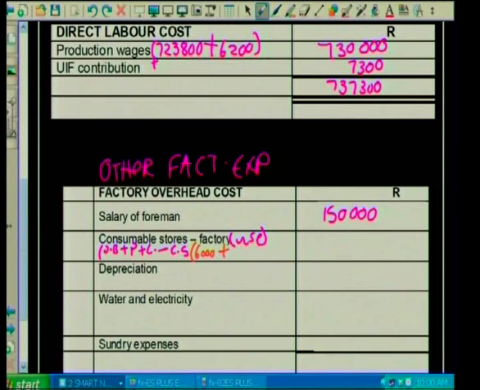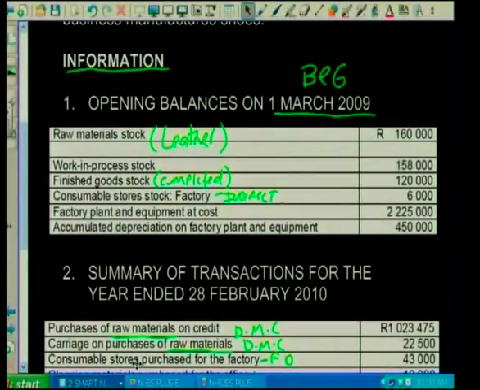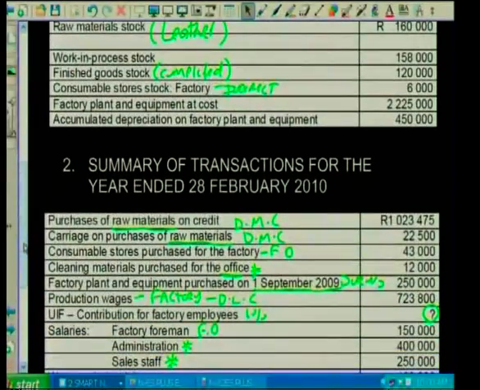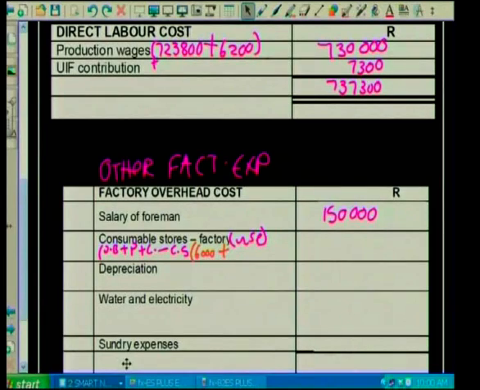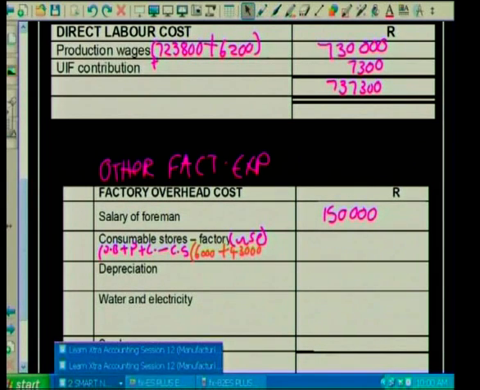To this, I'm now going to add my purchases. So back to my info, summary of transactions. Consumable stores purchased for the factory, 43,000. So let's take that through. I've purchased stock or consumables for an amount of 43,000. Then let's now look at carriage on purchase for consumable stores. Are there any carriage?